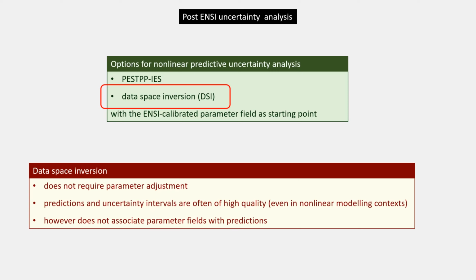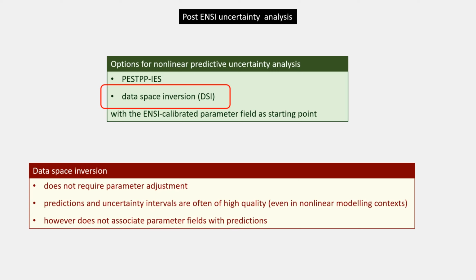By avoiding that step, often the uncertainties that we're associating with predictions have less bias and the uncertainty intervals have more integrity. So, data space inversion is great and it's efficient.